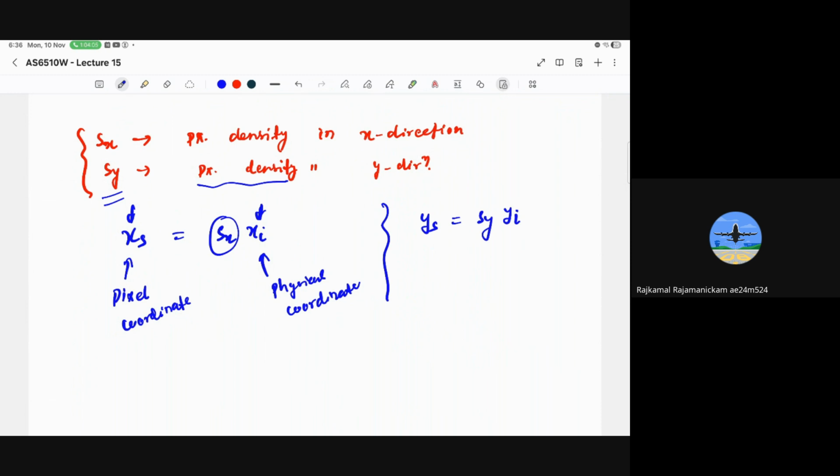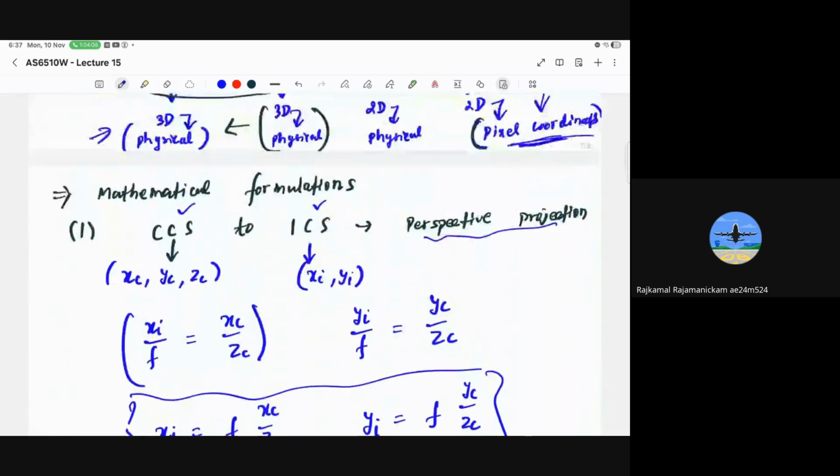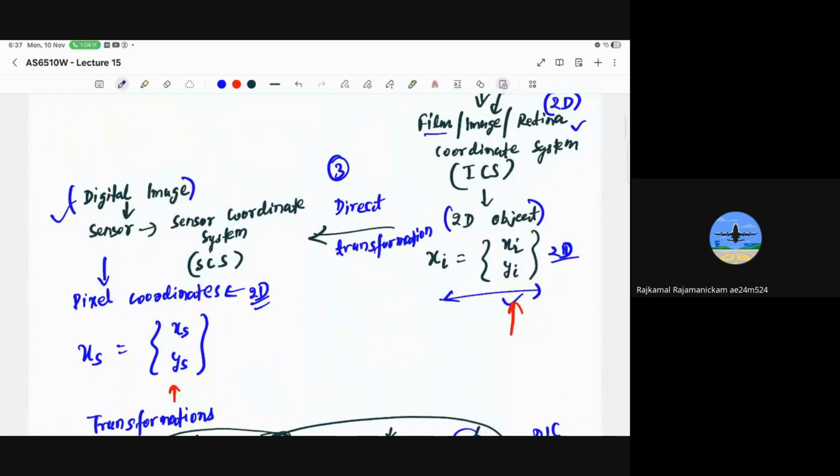Now going back to the transformation, we have a relation between the film coordinates of a point and the digital coordinates in the image.